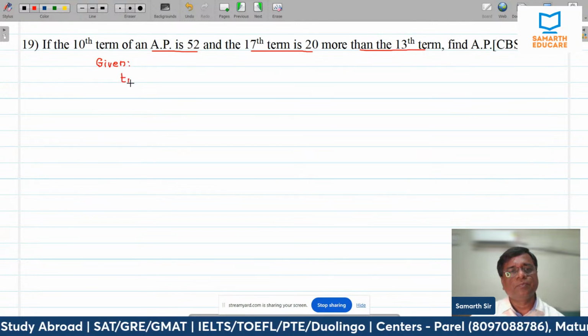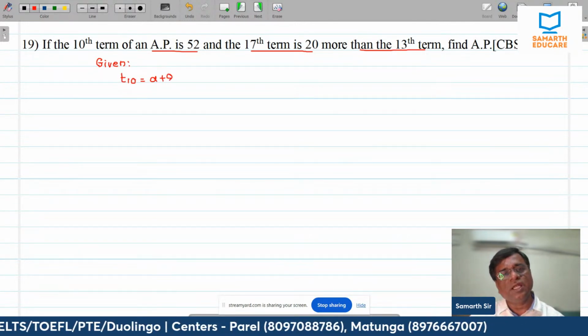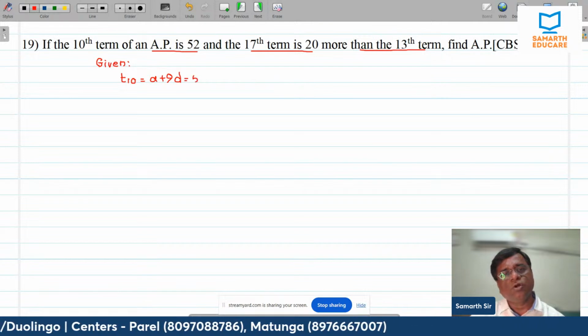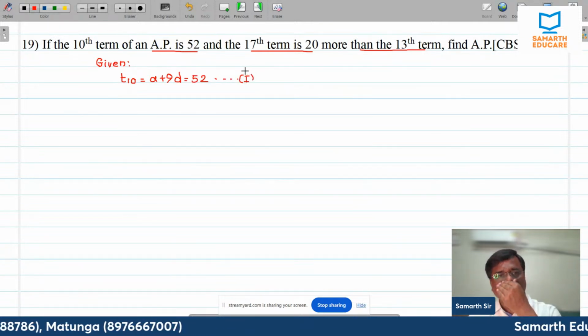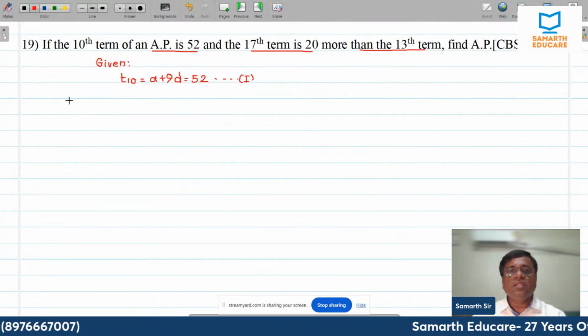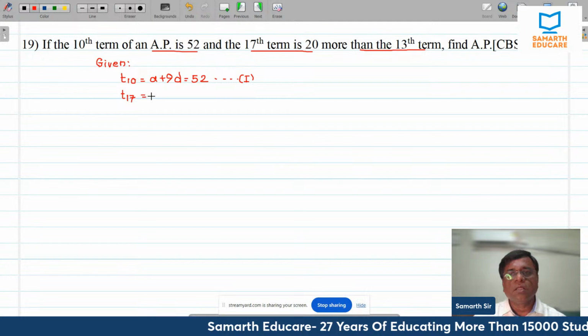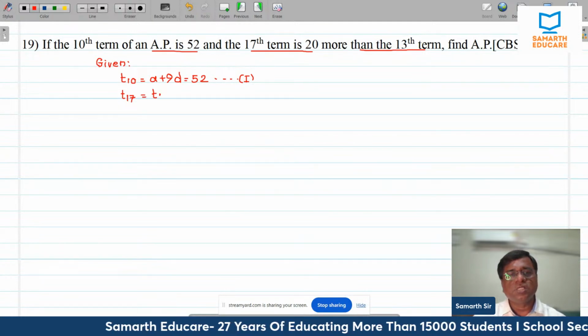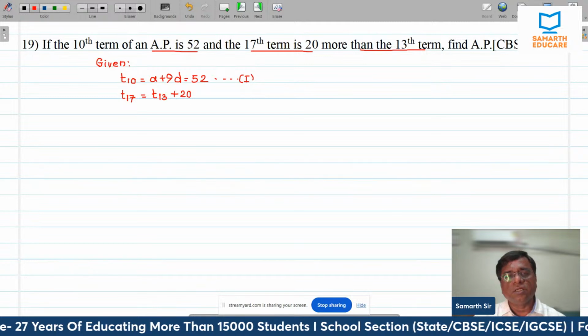According to my calculation, the 10th term has to be A plus 9D and that is equal to 52. Let me write this as equation number 1, because nothing can be done with it right now. The 17th term is 20 more than the 13th term. That means he says the 17th term is 20 more than the 13th term.